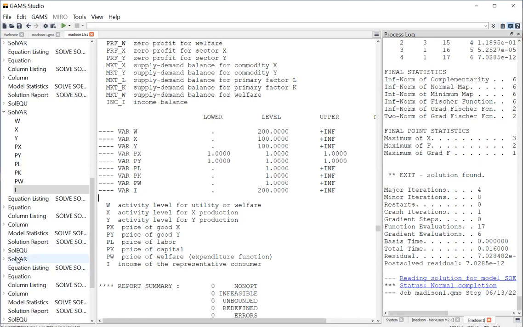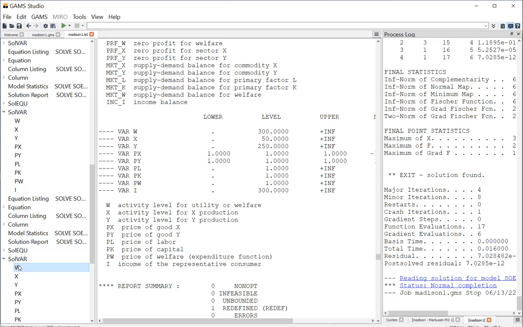So the first counterfactual is the Rybczynski theorem: double the endowment of labor in the model. And what happens, remember the solution values initially were 100 for each of them.